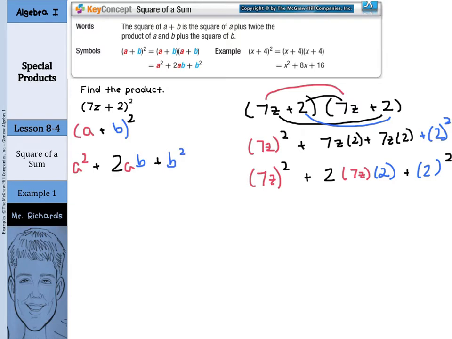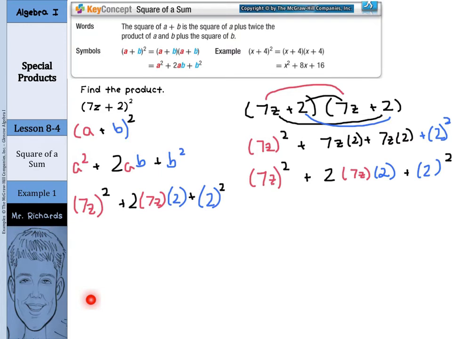So basically, I could take my 7z and square it. I can add it to 2 times 7z times 2, and then add it to 2 squared. So instead of having to FOIL and get this down to 7z squared plus 2 times 7z times 2 plus 2 squared, I can instead use the square of a sum rule to get the same thing.